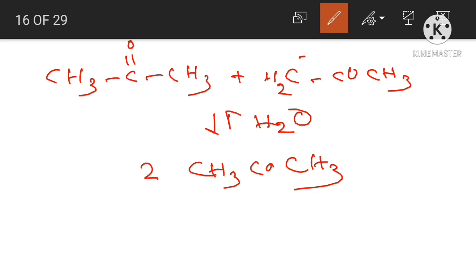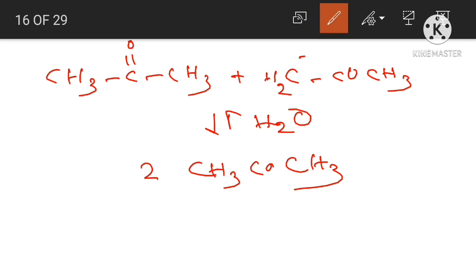So in this class we have seen the aldol reactions: which compounds will give aldol reactions, which will not, the mechanism of aldol reaction in presence of base, the mechanism in presence of acid, and why ketones are less reactive in aldol reaction than aldehydes.